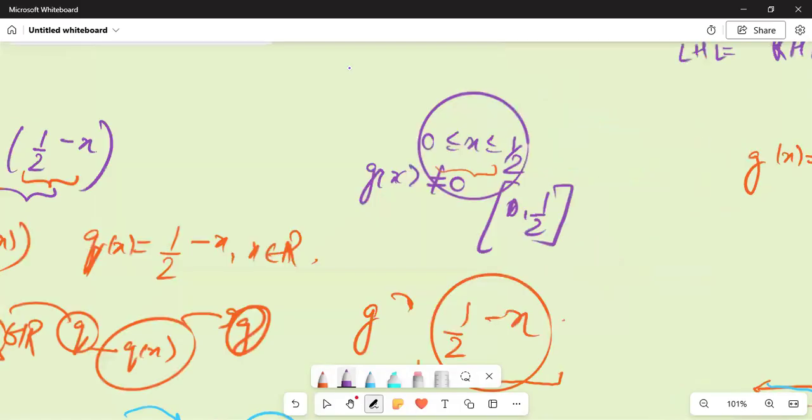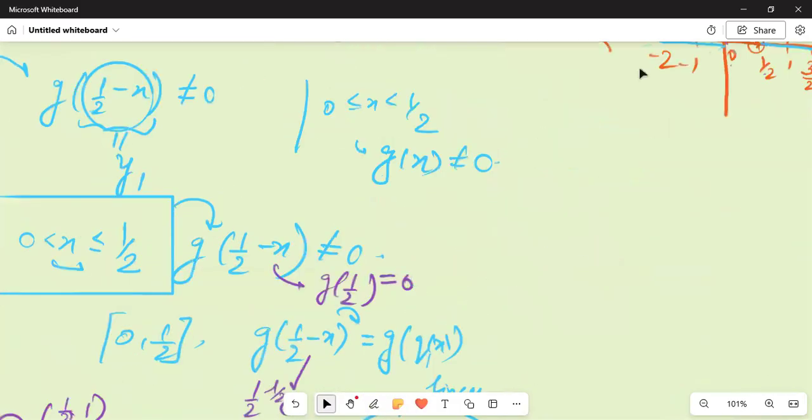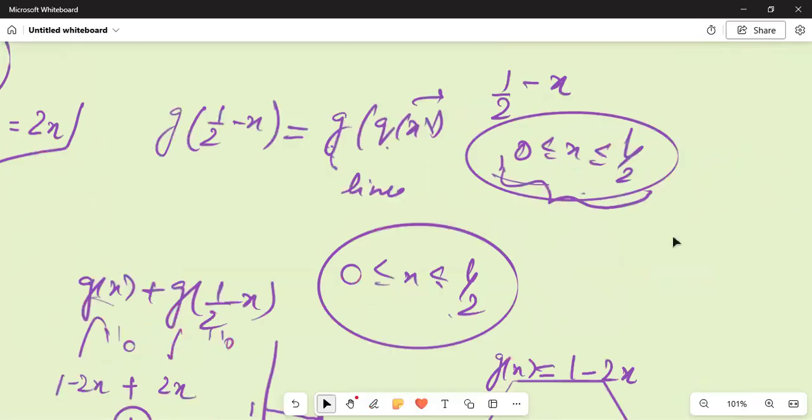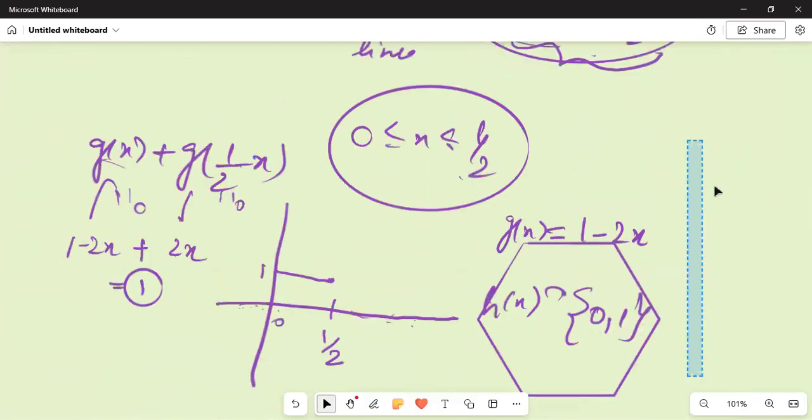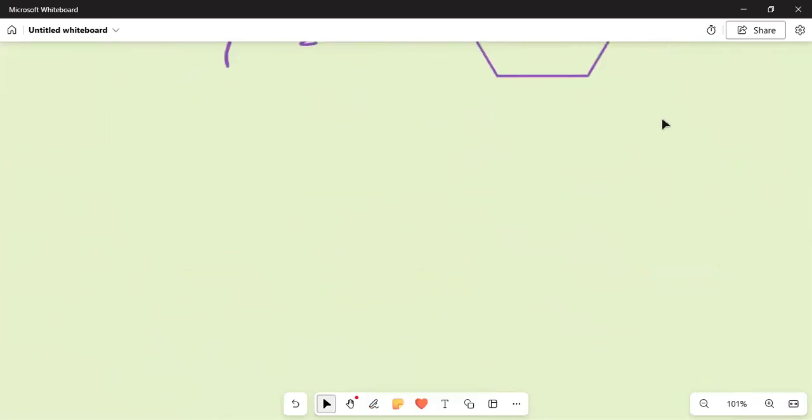It will be very nice if we again draw this function x minus gx, because that will give us the correct answer. So hx is x minus gx.